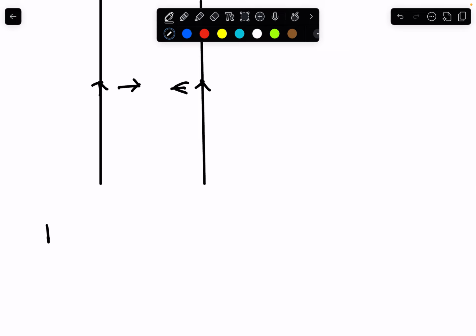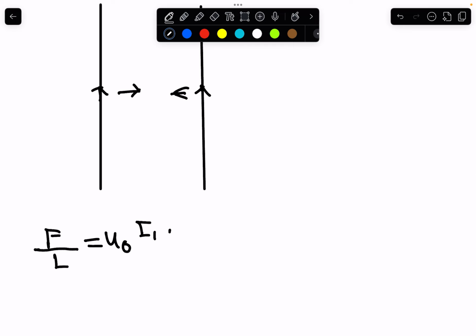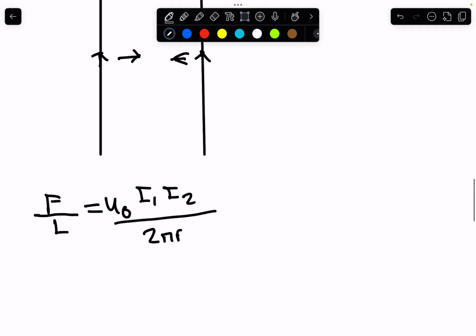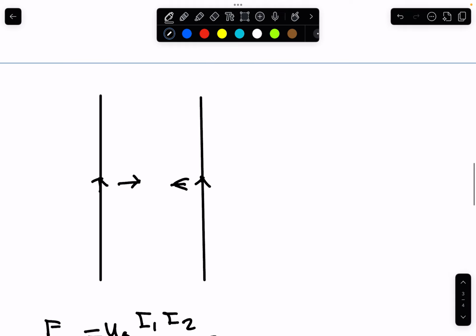So the force per unit length of two wires on each other equals mu node I1, the current in the first wire, multiplied by I2, the current in the second wire, divided by 2 pi multiplied by the distance between the two wires. This one is R.